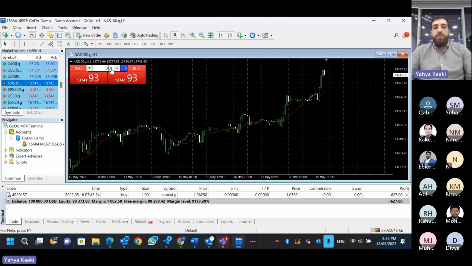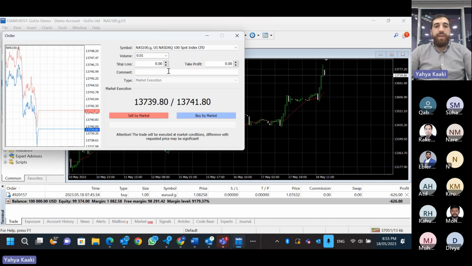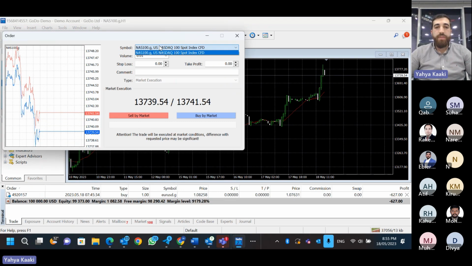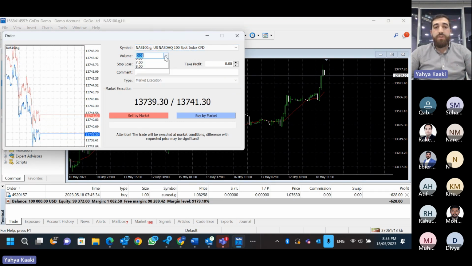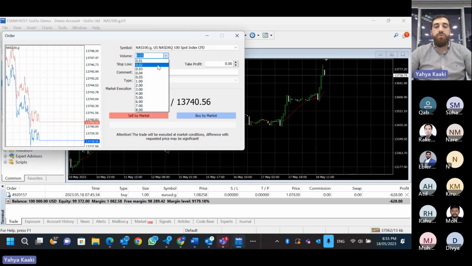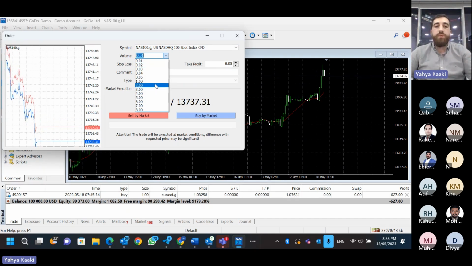For example, 13,727 is the number right now. Let us take 13,777 as the stop loss. If I took a sell position and the market, for any news or market pattern, moves back up, it will hit the stop loss. What happens then? It goes into a loss.